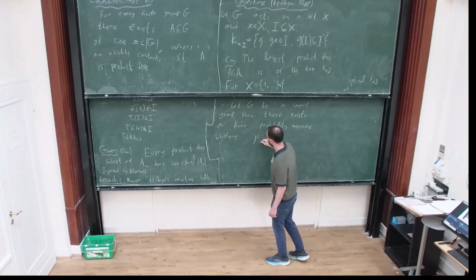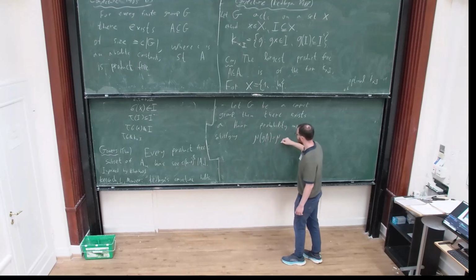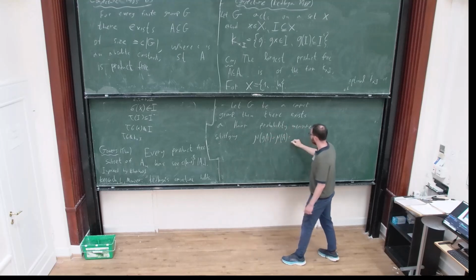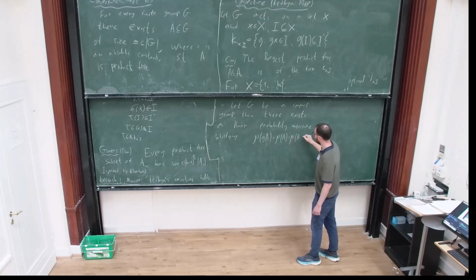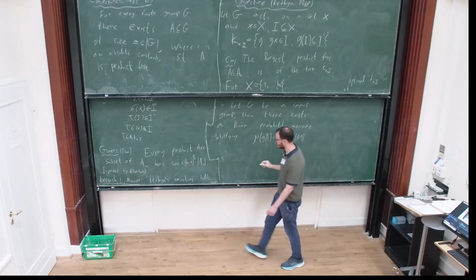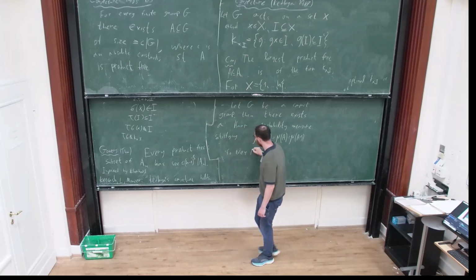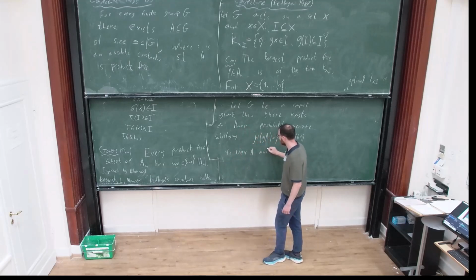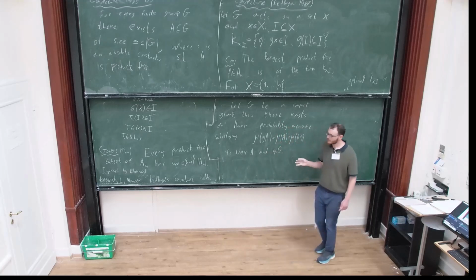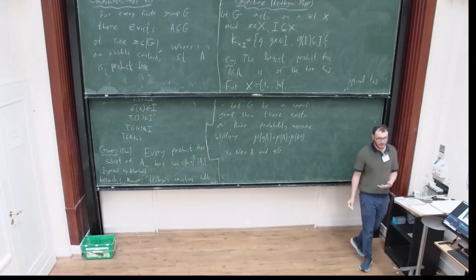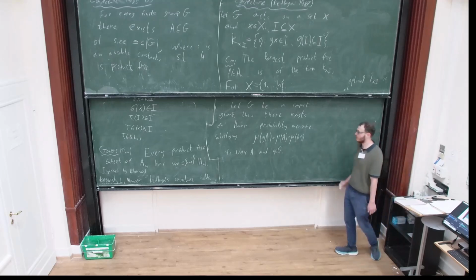So mu of gA is equal to mu of Ag for every measurable A and g in G. So instead of talking about the largest size, we can talk about the largest Haar measure of a product-free set.